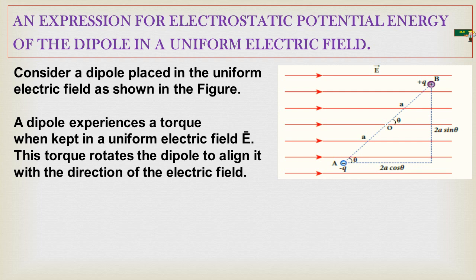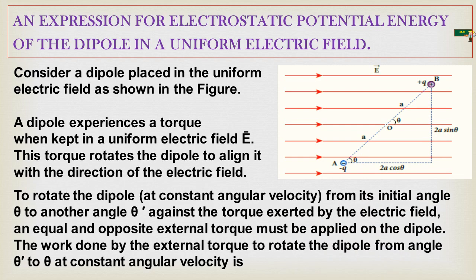A dipole experiences a torque when kept in a uniform electric field E. This is the uniform electric field. This torque rotates the dipole to align it with the direction of the electric field.